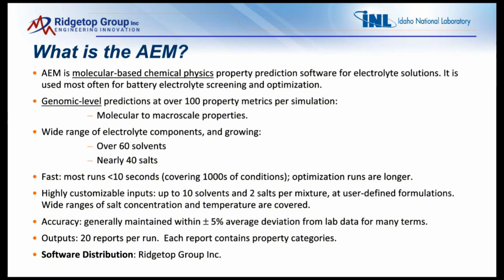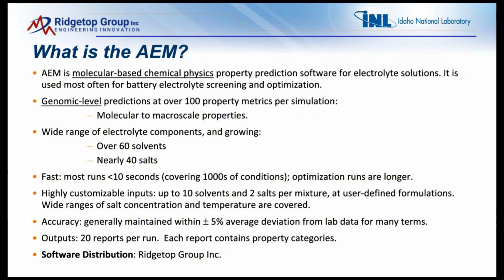If you want to optimize a given formulation, then those optimization runs will take longer, but they're still very reasonable and can be done in a matter of a few hours. The code allows highly customizable inputs, so the user can assign up to 10 solvents and 2 salts per mixture. And then wide ranges of salt concentration and temperature are also allowed.